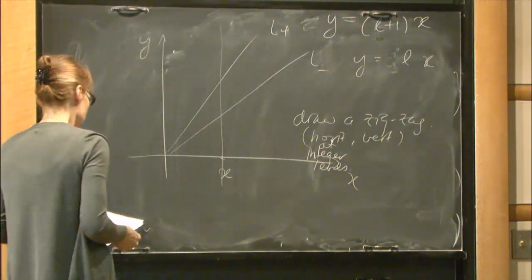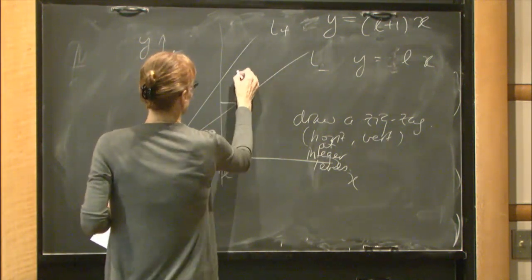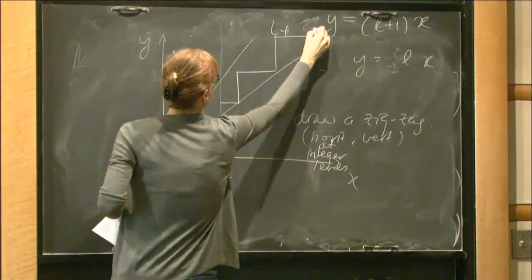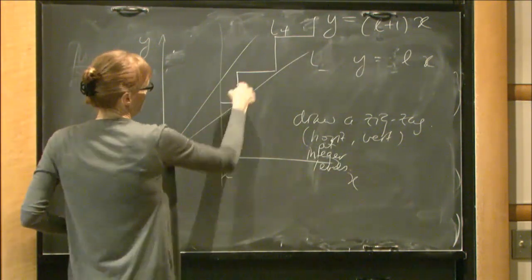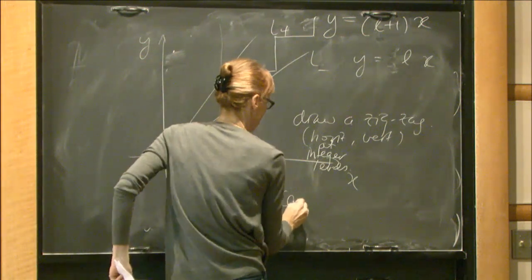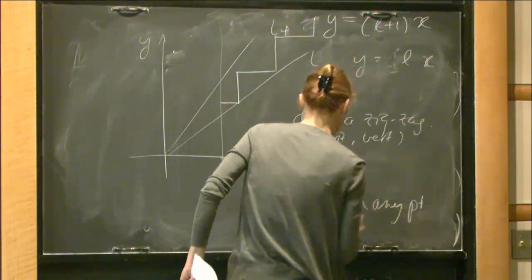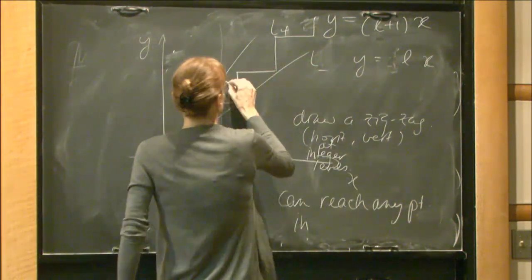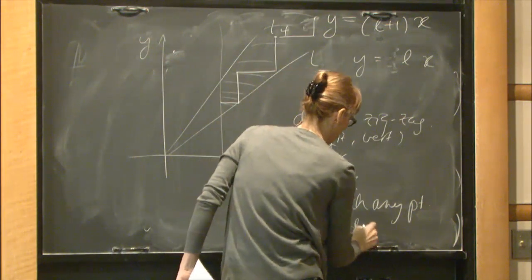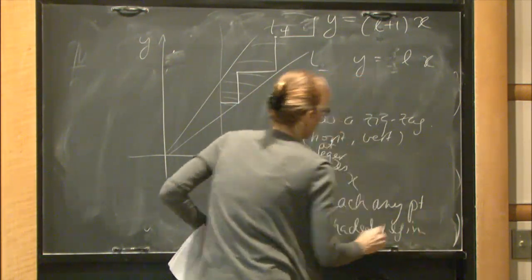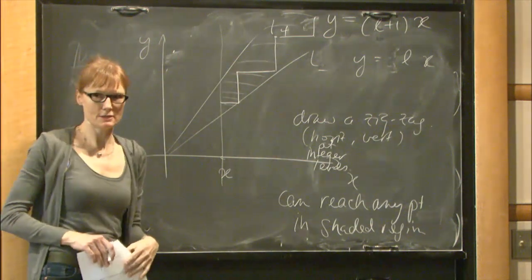like this, that you can reach any point in this shaded region from any other point that's on these level sets.